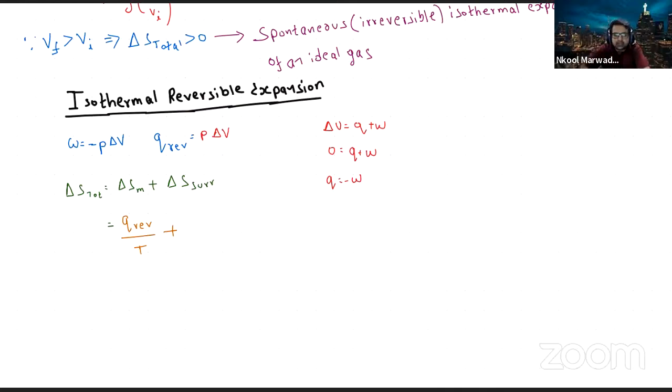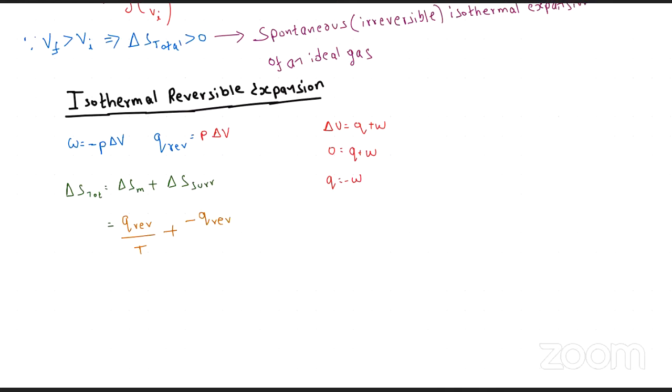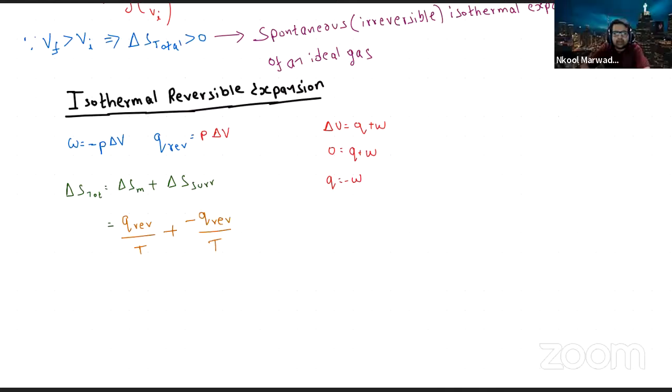In the opposite direction, the heat transfer will take place from surrounding to system. This property is followed in reversible processes. And hence, delta S total will be 0.